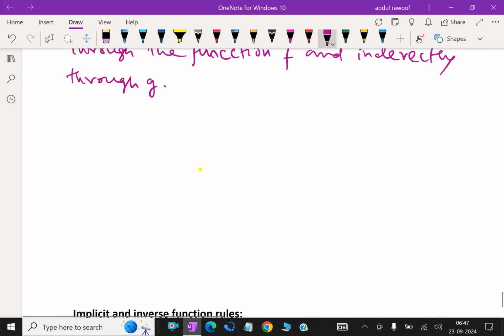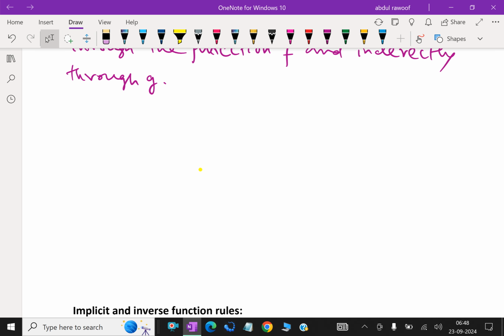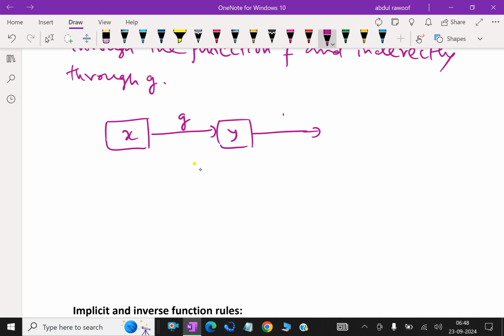This can be illustrated like here. x goes through the function g to give y, and the function f gives z. This is the function of y, f.